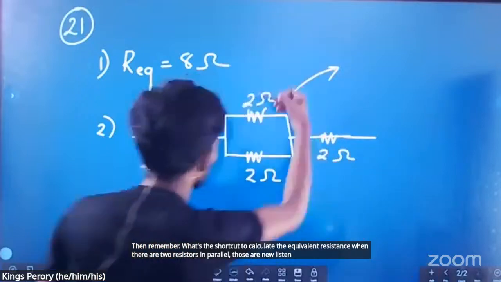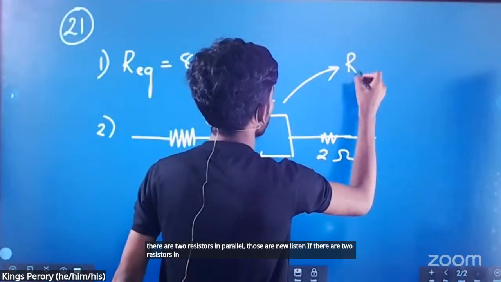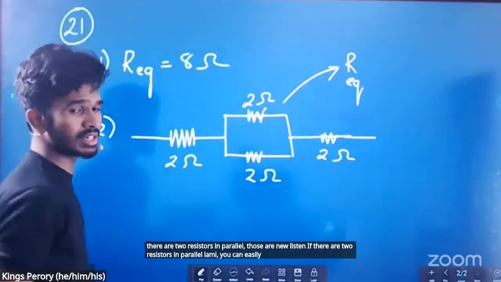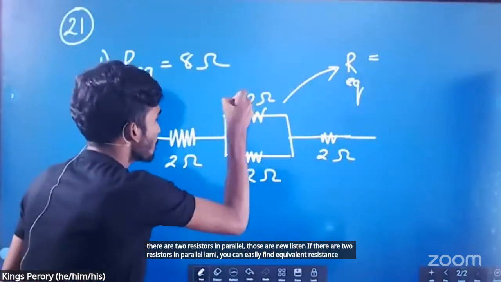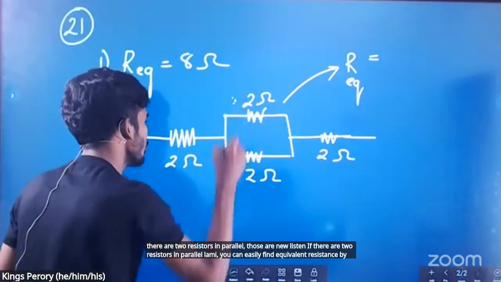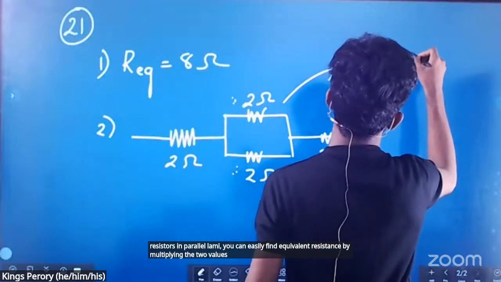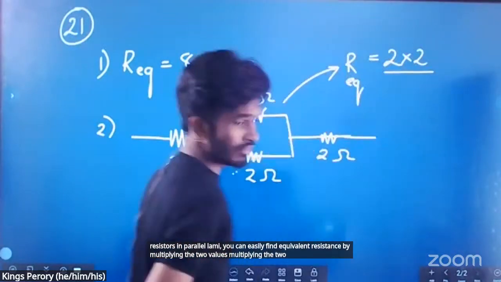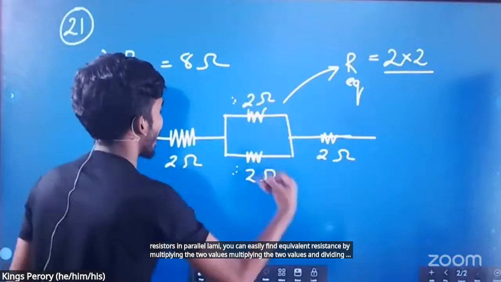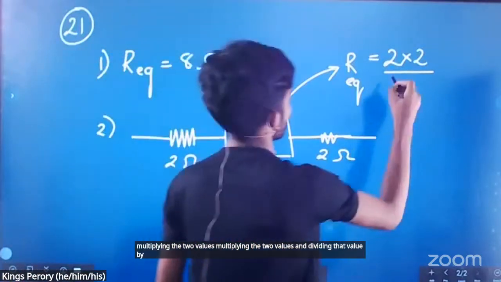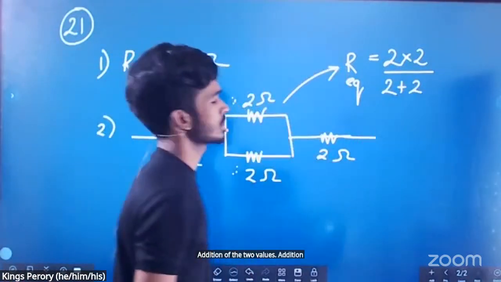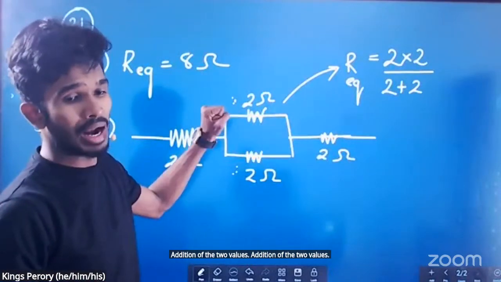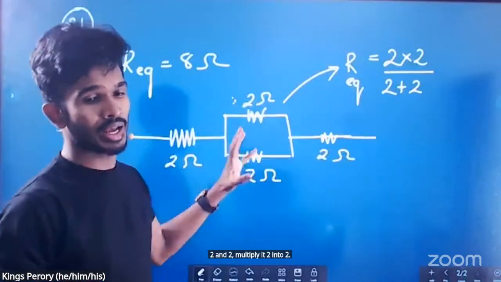If there are two resistors in parallel, you can easily find equivalent resistance by multiplying the two values and dividing that by the addition of the two values. 2 and 2: 2 into 2, divided by 2 plus 2.